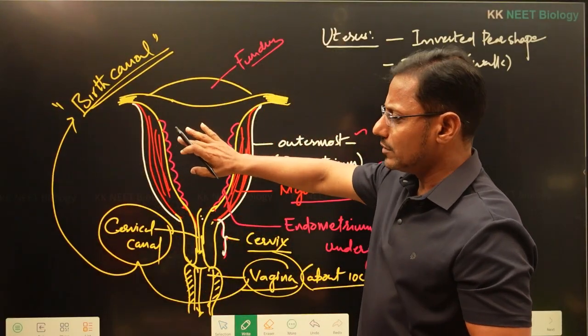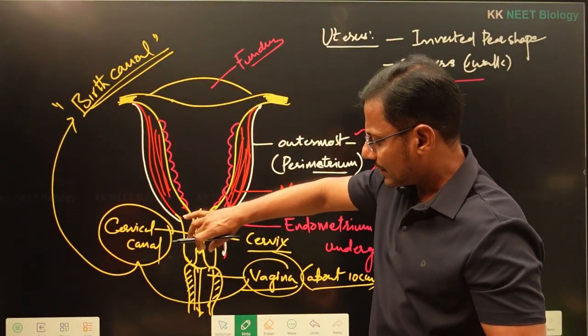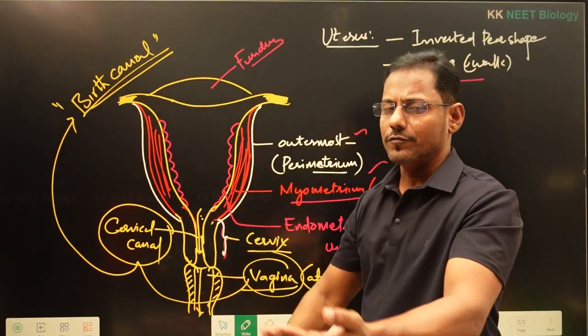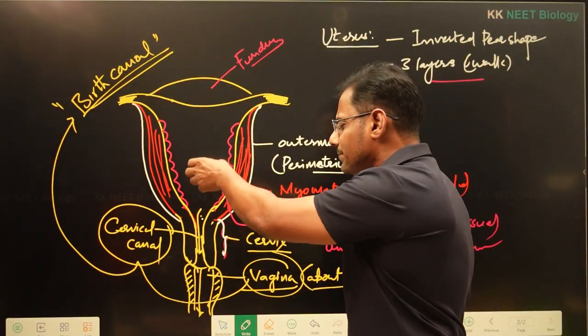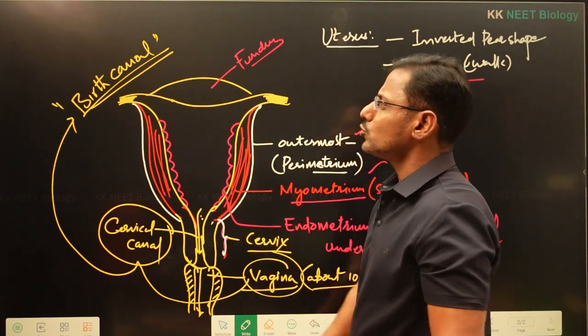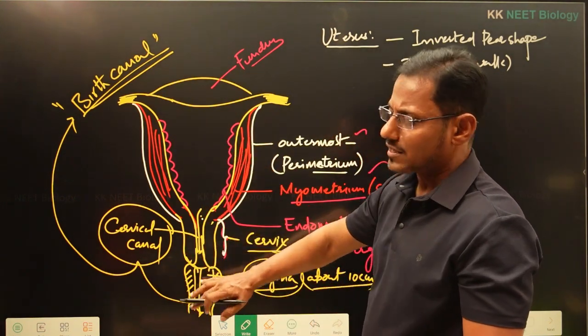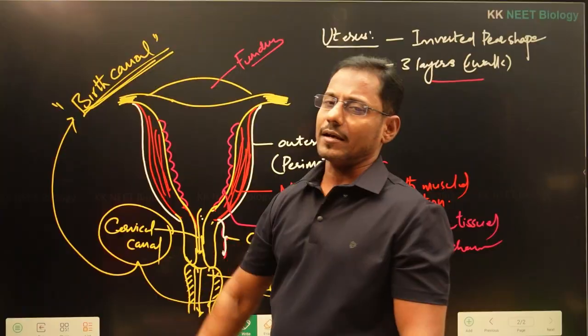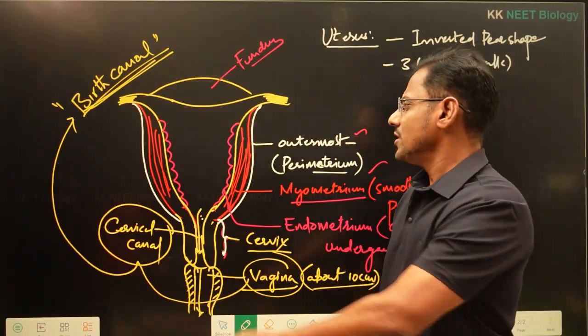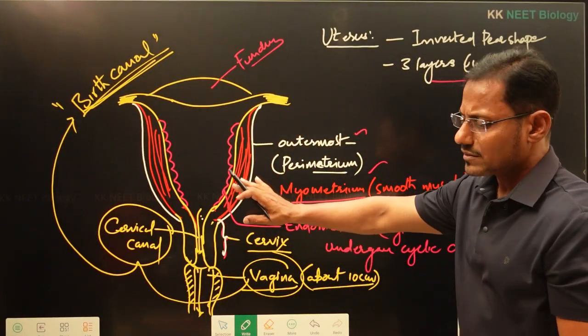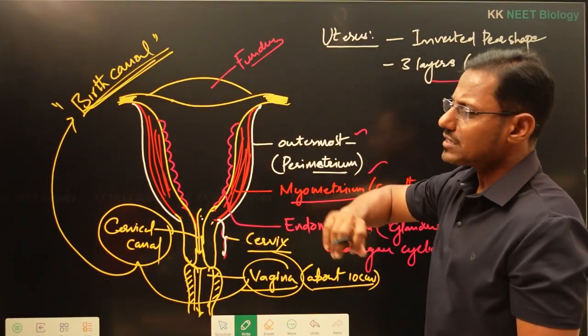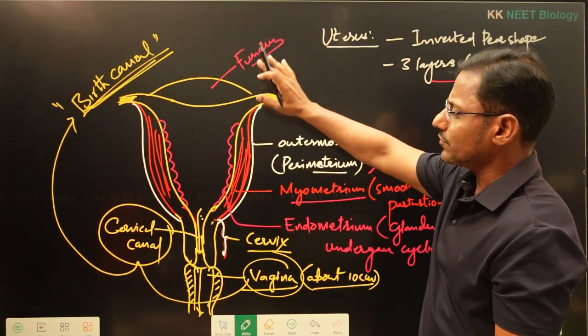Whatever the baby develops here is going to pass through the cervical canal as well as the vagina to the outside world, so these two canals together we call the birth canal. Clear?